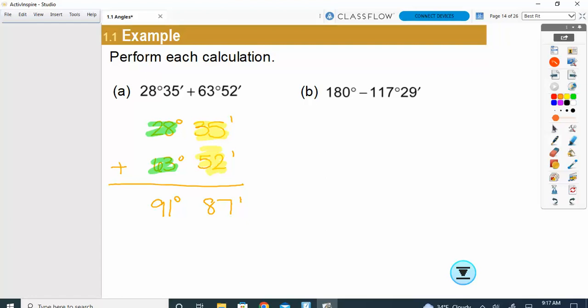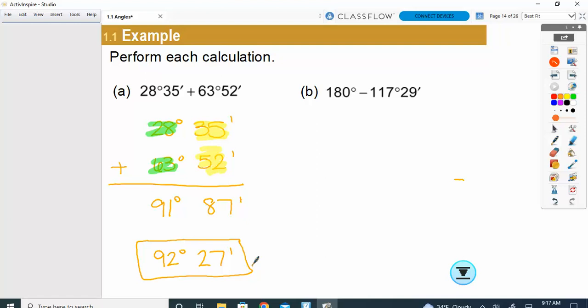Yes. So when you're looking at this, we could take away 60 minutes and add it to our degrees. So I would bump my degree up to 92 degrees, and then if you take away 60, 87 minus 60 is 27 minutes. So we'll say 92 degrees, 27 minutes.